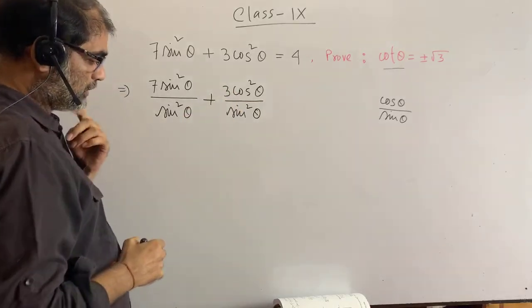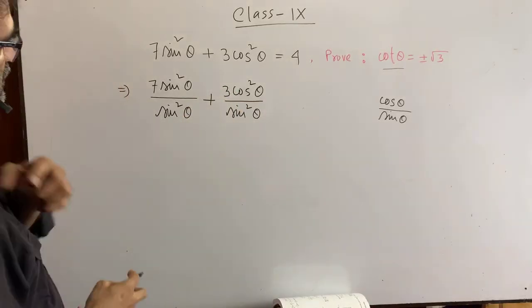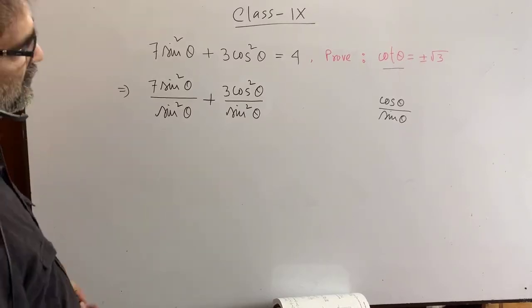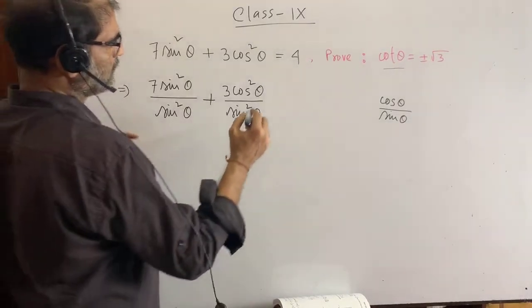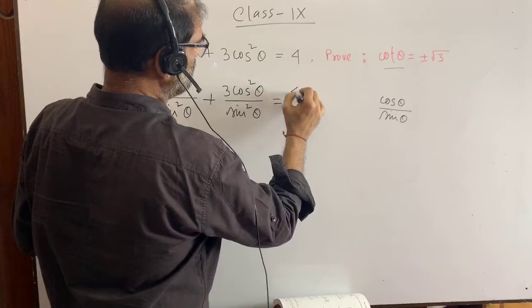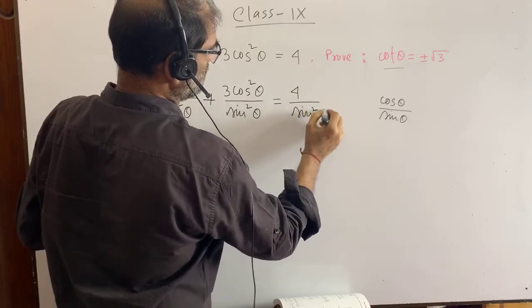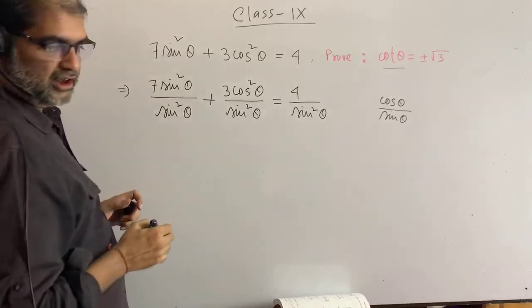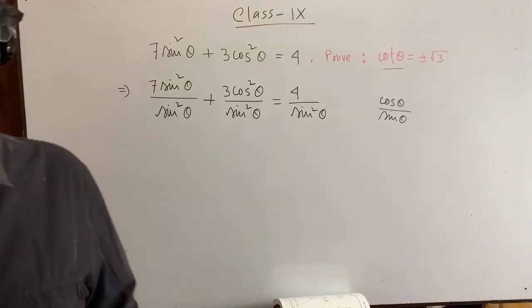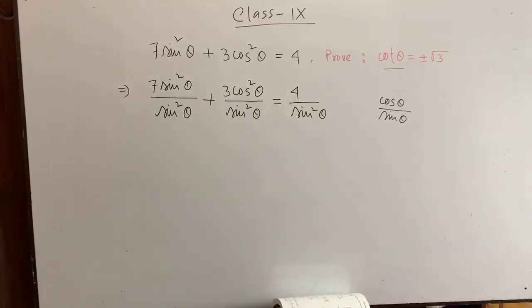I am going to divide all the terms of both the sides by sine square theta is equal to 4 sine square theta. Dividing both the sides by sine square theta, right?